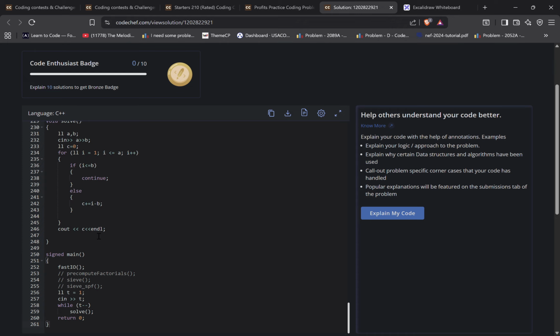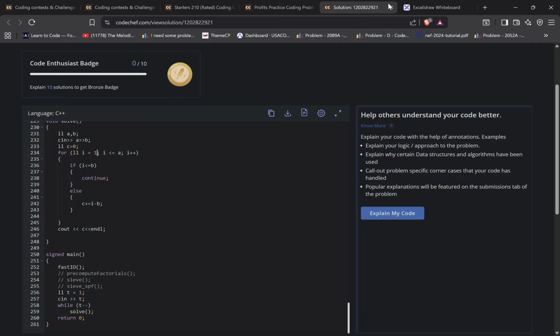If the constraints were a bit smaller, I would have just put here B plus 1, and that will also work. Otherwise, I'll just use the formula for the sum of an arithmetic progression, and that will also work.